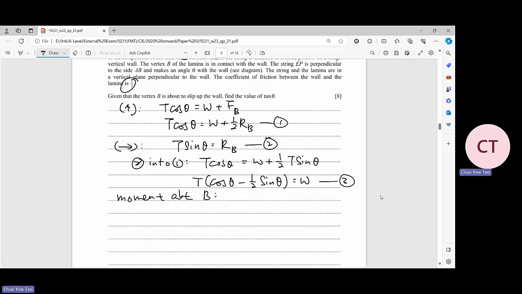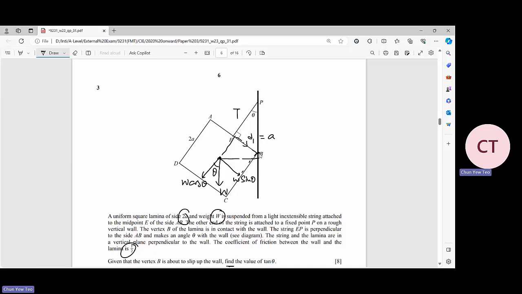So over here, take the moment about the point B, you have dA. You can see that if you resolve them into 2 forces about the point B, D is going clockwise. W sin theta and W cos theta, they both go anti-clockwise.